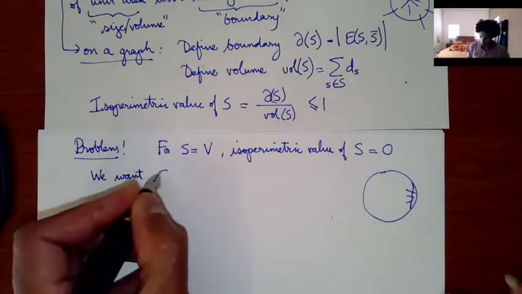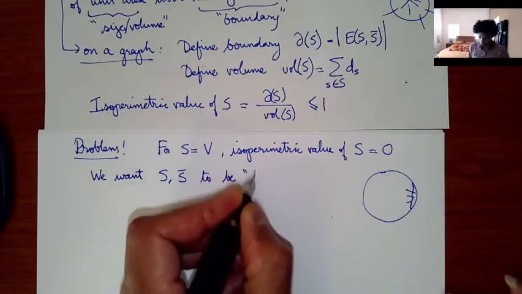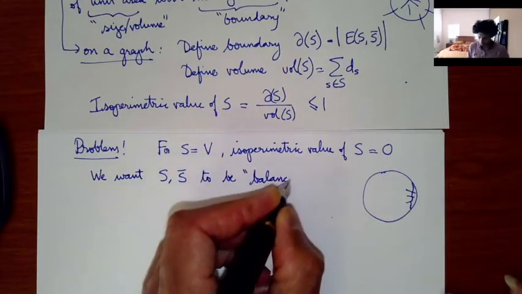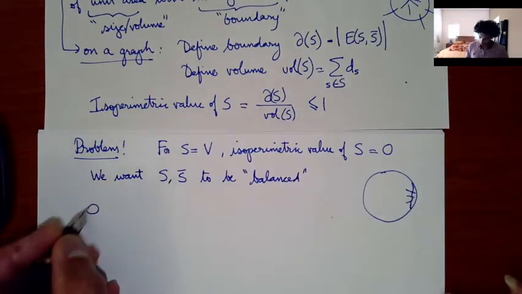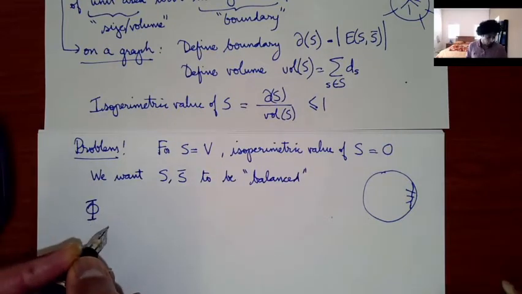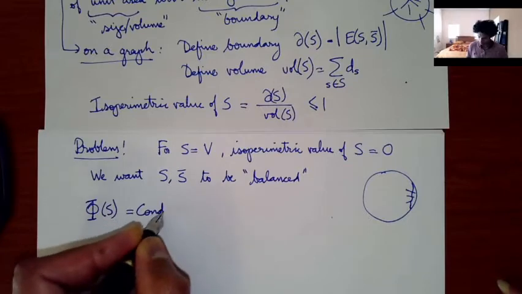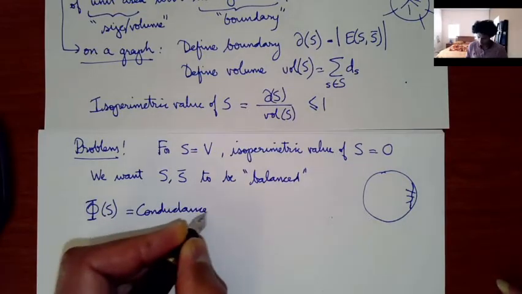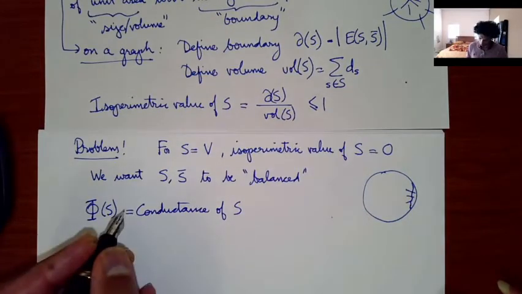We want S and S complement to be balanced. So a fix for this is to define phi of S, the conductance of S, and this is going to be our isoperimetric value.